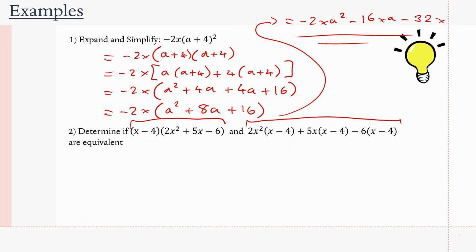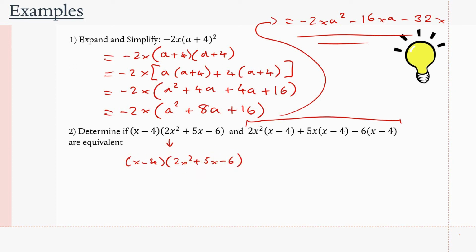What you could do is use the properties that we just learned. Actually, we will use the distributive property in this example to multiply this whole binomial by each term inside this bracket, right? So if we bring this down here, x minus 4, 2x squared plus 5x minus 6.